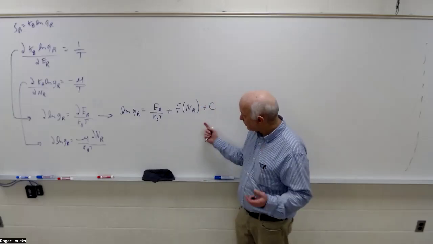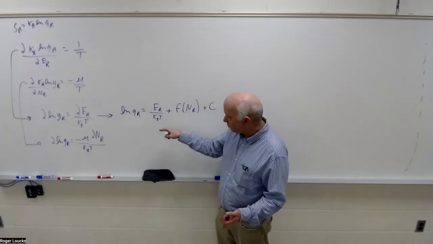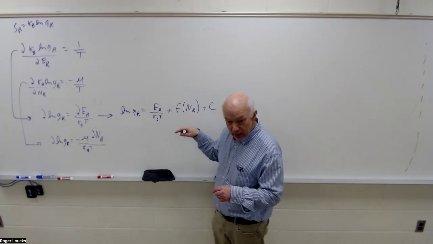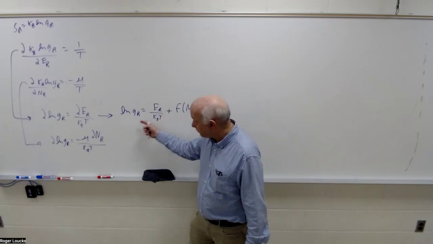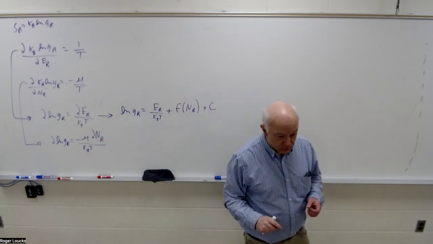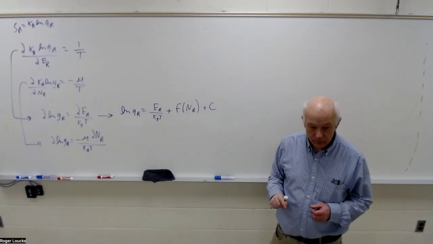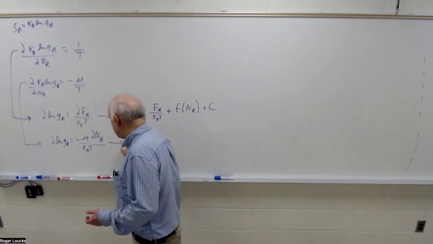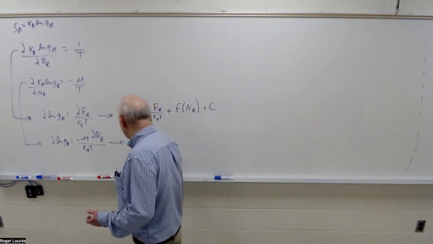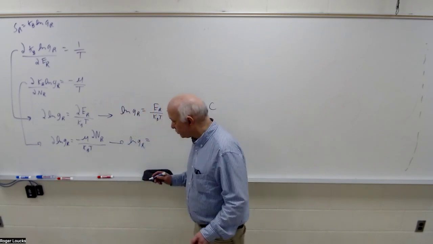Does that make sense? So if I differentiate this with respect to ER, keeping NR constant, this will give me 0, this will give me 0, this then goes to here. Does that make sense? Okay, now you tell me what's going to happen over here. If I integrate this will give me the ln of gr equals, and you finish that one.